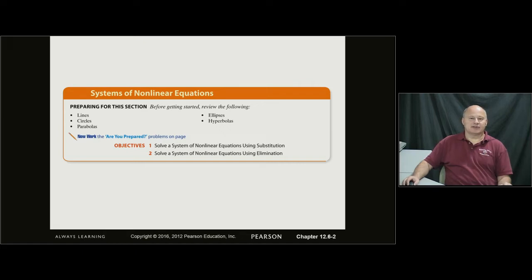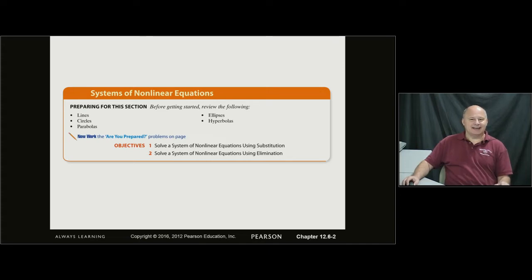If you can visualize that in your head, you could have a line and a quadratic intersecting at no places. They could cross at one if the line is tangent to the parabola. They could cross at two places. But there won't be an infinite number of solutions because you cannot have a line lying on top of a parabola because they're two different types of graphs.